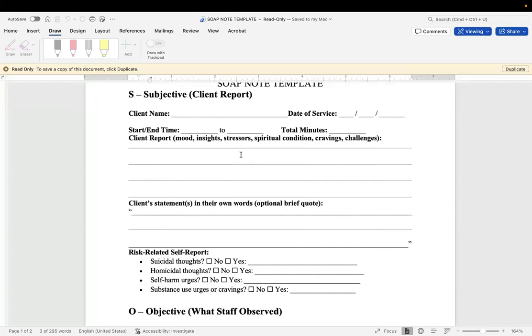Spiritual condition, Kate opened in prayer for the group, and she acknowledged her relationship with Christ throughout the day. Cravings, Kate denies cravings, but was seen fidgeting with an ink pen and often holding it in her mouth as though it were a cigarette. And then challenges, Kate is struggling to sit still during class and get her homework done.